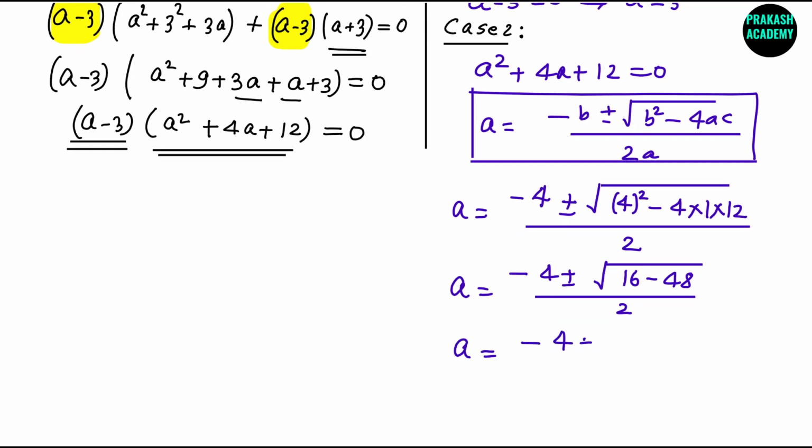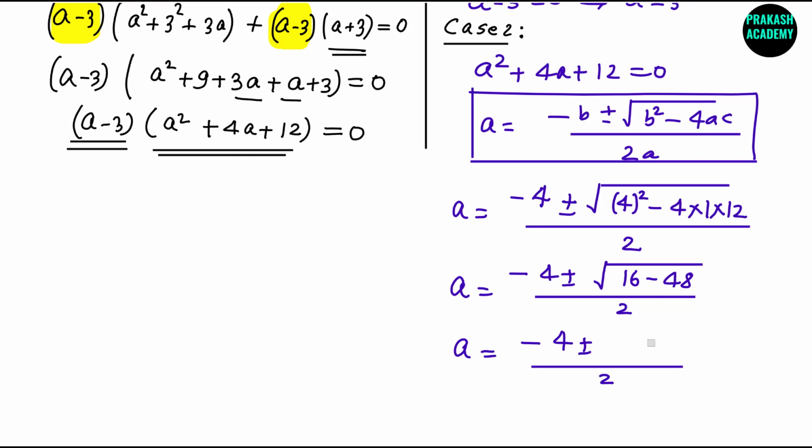So minus 4 plus minus square root of, and this is 32 with a negative sign, minus 32, divided by 2. And 32 is nothing but 16 into 2, so this is 4 root 2.